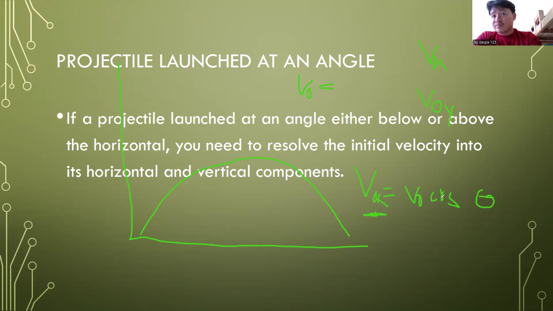When it's cos, that is the initial horizontal. If you want to find your initial vertical velocity, V0y, you use V0 and sine. Always take note of that. Sine, then angle. So if the angle of projection is given, for example 30 degrees, times the sine times the initial velocity that is given. Okay? So now you use those.